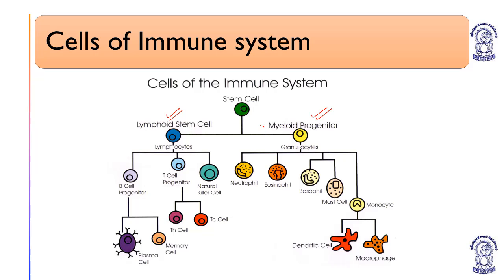These lymphoid stem cells further form premature B cells and premature T cells. Understood? And a third category is natural killer cell. The natural killer cell is the third category.